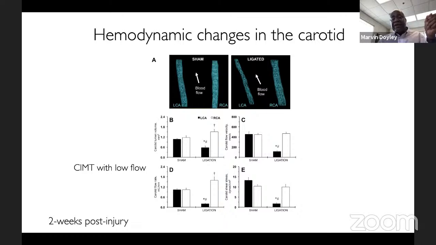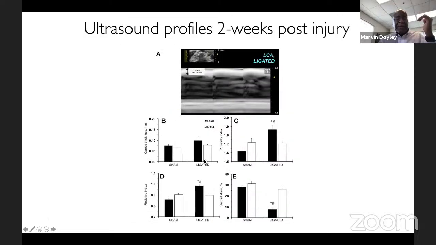We created this model, a ligation model. We reduce the flow in one vessel, and we keep the flow in another vessel going. What they typically use in the clinic is the intima-media thickness. When you do that, you'll find that 1 week after we created this model, looking at the intima-media thickness, you don't really see a difference.